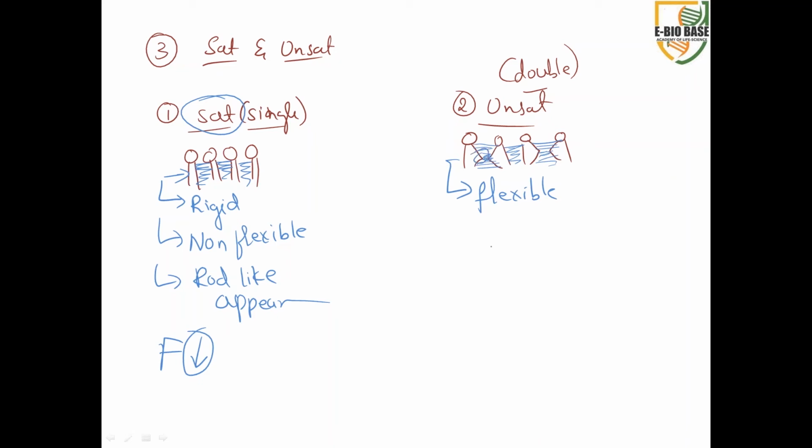The rod-like appearance will not be there, thick interaction will not be there, hence less interaction, and fluidity will become more. So fluidity is higher if unsaturated fatty acids are more, and less if saturated fatty acids are more. Keep this in mind, very very important.